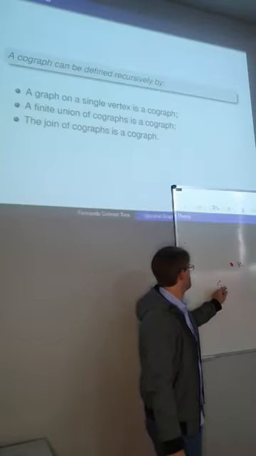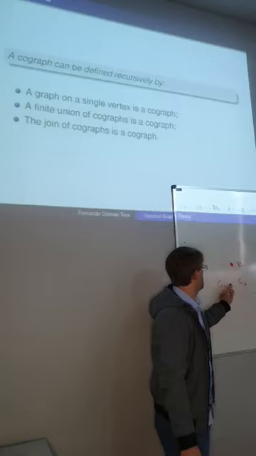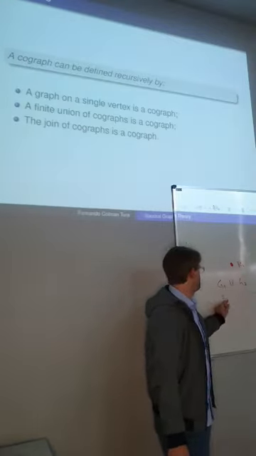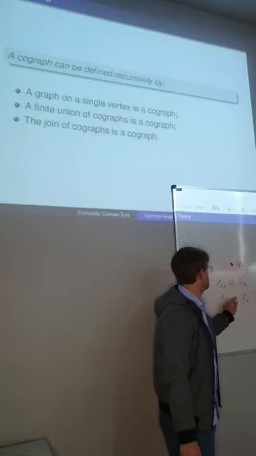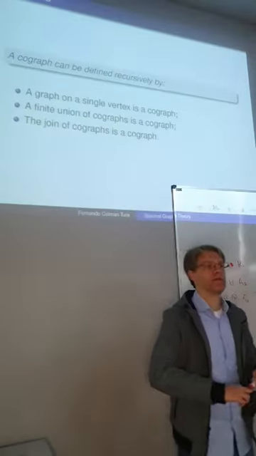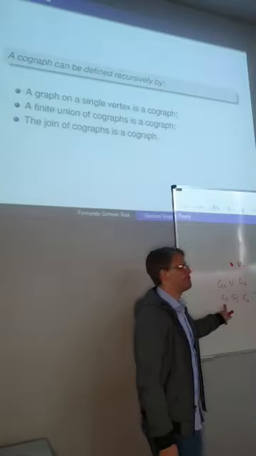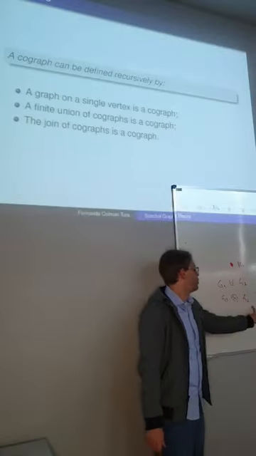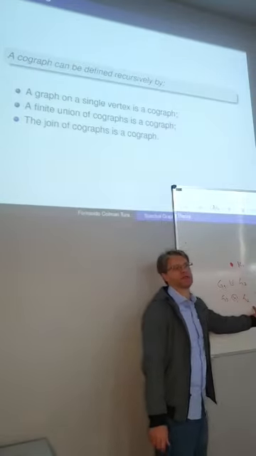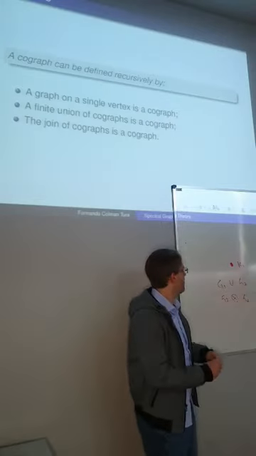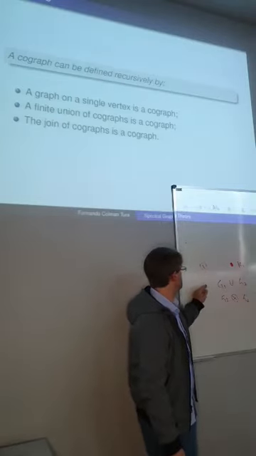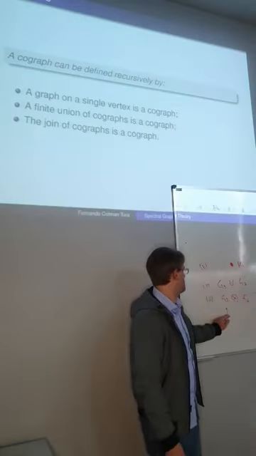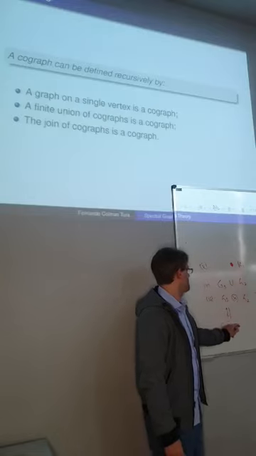If I have two cographs and take the union, this is a cograph. If I have two cographs and take the join, that means any vertex of this graph is joined with any vertex of this second graph. This is the join. So, using three operations, it's possible to obtain a cograph.